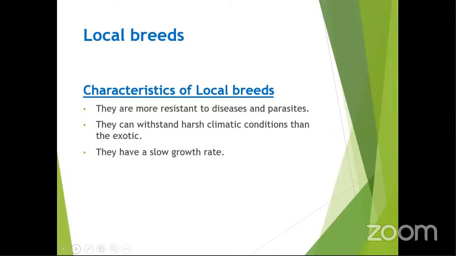Other reasons are here. This one is now just a characteristic describing how local breeds are. You can simply say they have a slow growth rate. It is the same as saying they grow slowly. And then the other one is they lay small and only few eggs during each laying season.